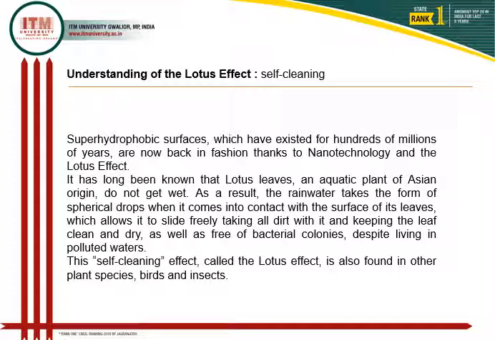And ultimately, the leaf is clean and dry and also free of any bacterial colonies despite living in polluted waters. As we know, the lotus is an aquatic plant also found in mud areas. The self-cleaning effect called the Lotus effect may also be found in some plant species, birds and insects, but it is more pronounced in the lotus leaf.